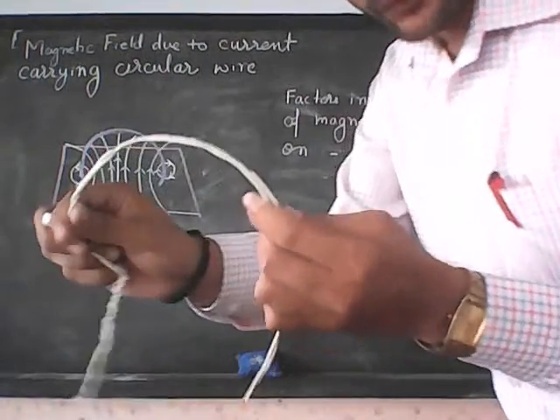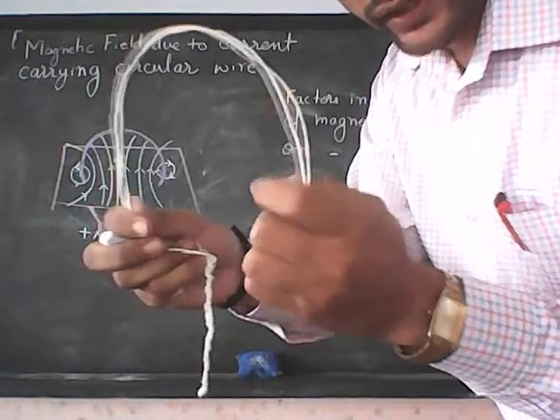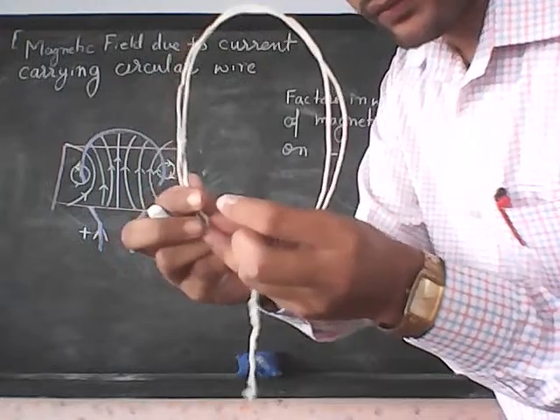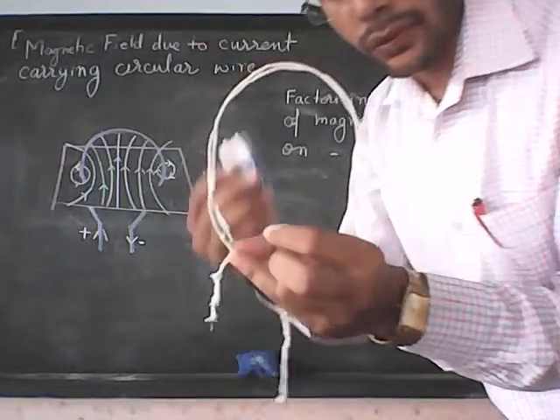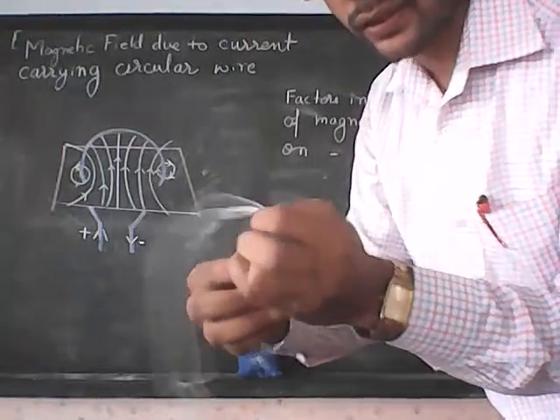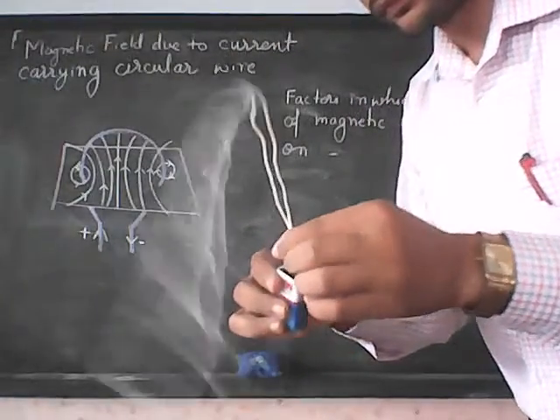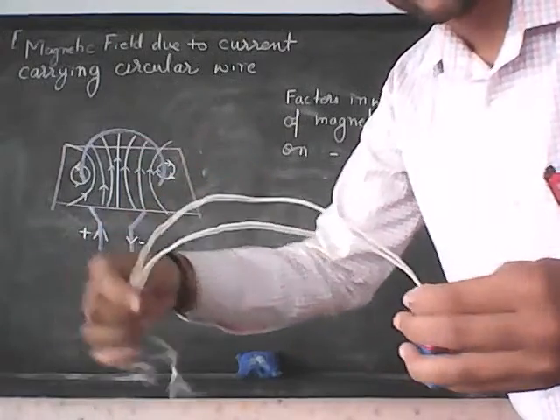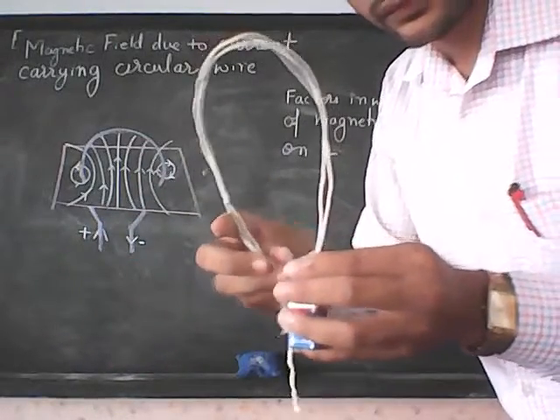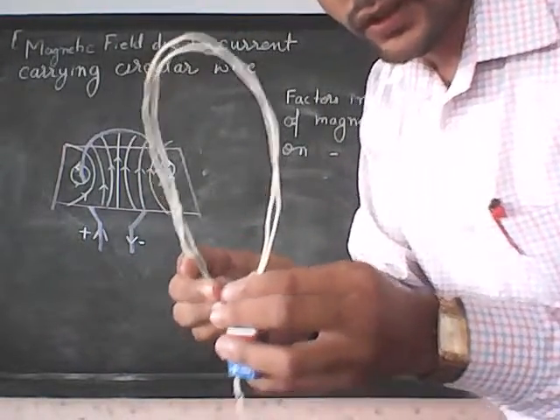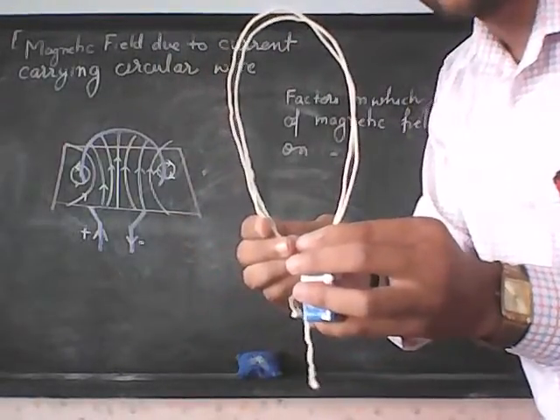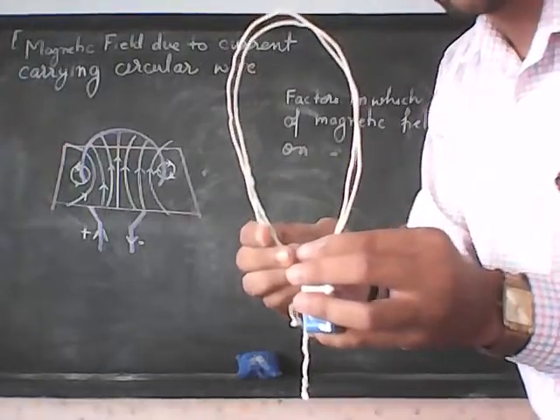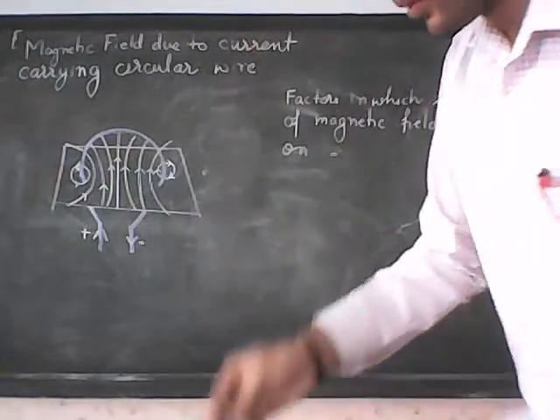Suppose this is the wire in the form of a circle, and we can connect it to the source like this. So how will the magnetic field be there? What will be its direction?